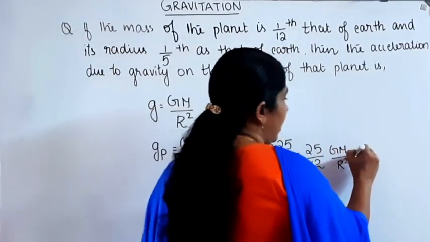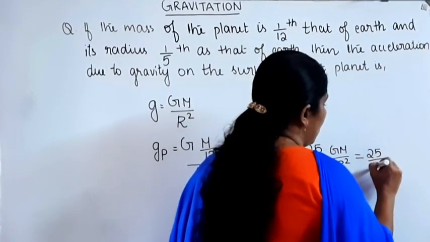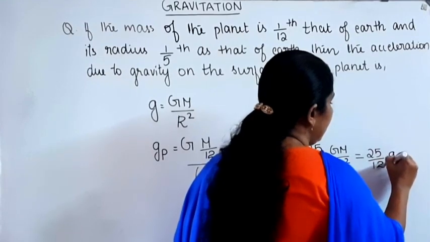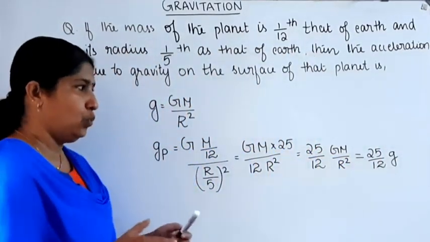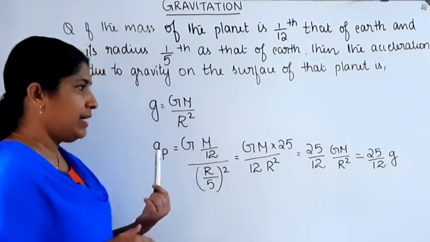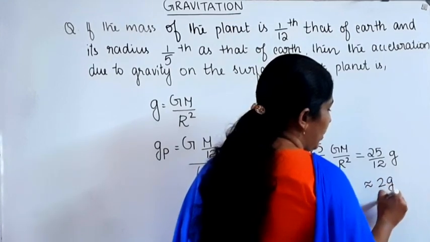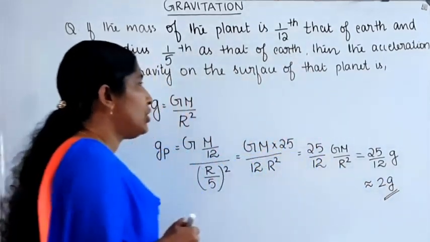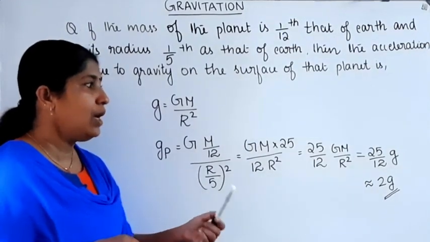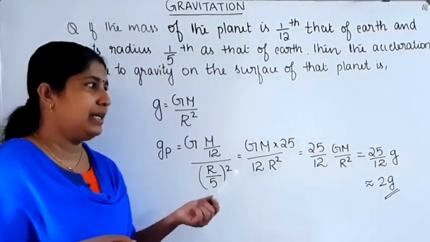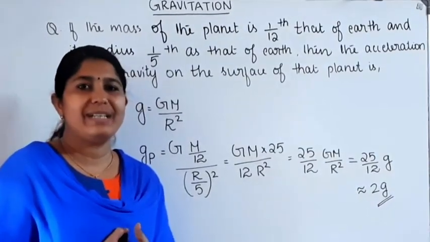So our final value is 25 divided by 12 g. 25 divided by 12 is approximately 2, that is approximately equal to 2g. The acceleration due to gravity on the surface of the planet is approximately equal to 2g, or 25 divided by 12 g. I think these questions are clear for you.